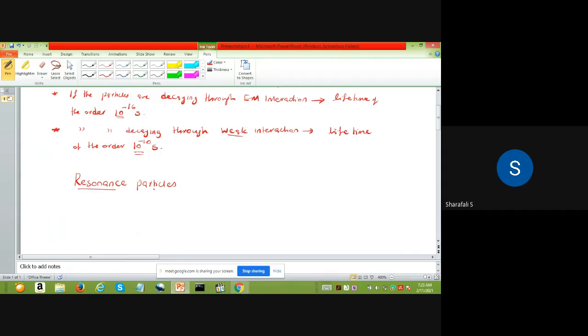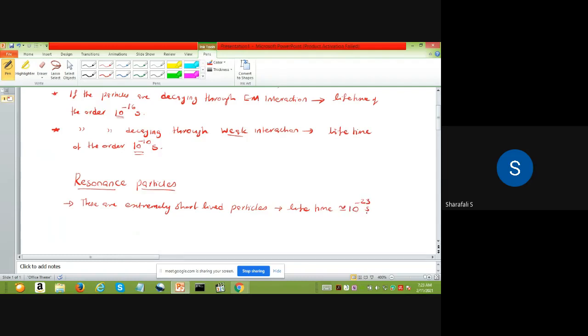These are extremely short-lived particles, which have a lifetime in the order of 10 raised to minus 23 seconds.